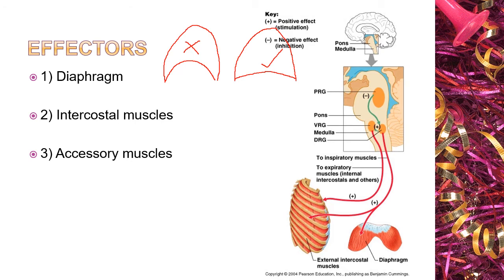In this case, accessory muscles will be involved, and some of the accessory muscles involved in the breathing process are the abdominal muscles. So you have the rectus abdominis, the external oblique, the internal oblique, and the transversus abdominis.